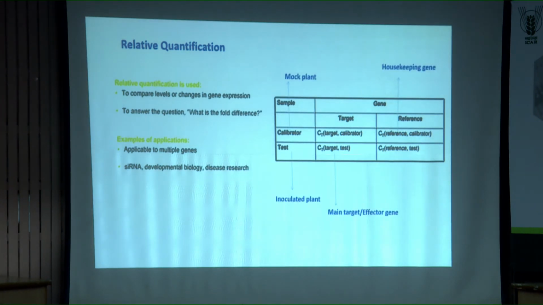So this is a mock plant, or a fungus grown in normal conditions. You have an inoculated plant, and this is the main target with respect to a plant. The targets can be effector genes themselves, and you can study that, right? For example, if you want to know whether certain fungal genes, treated as effector genes, are expressed in the presence of some growth factors from the plant, the plant growth factor becomes a condition here, right?